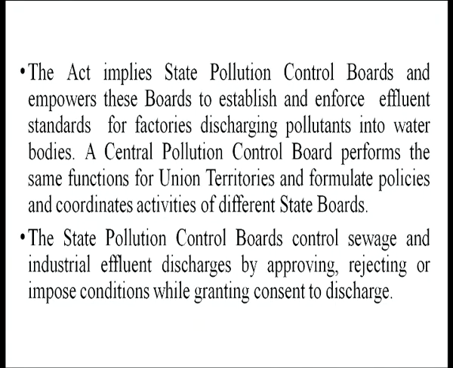Some important provisions of this act are: the act implies state pollution control boards and empowers these boards to establish and enforce effluent standards for factories discharging pollutants into water bodies.